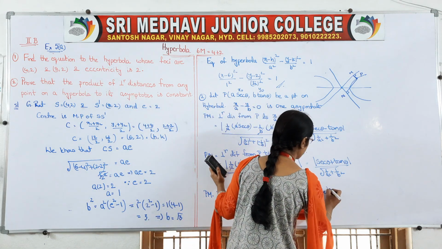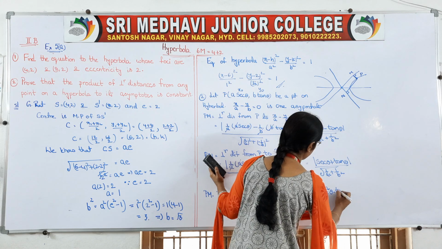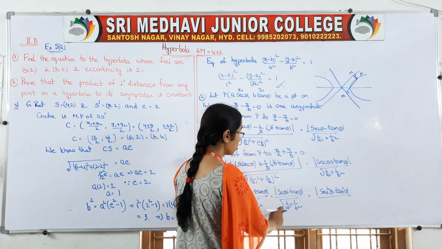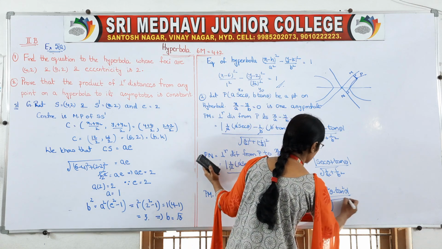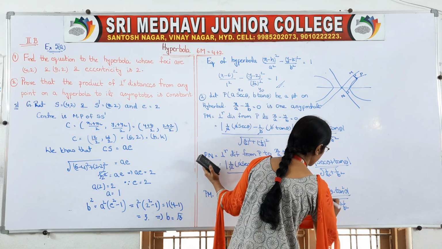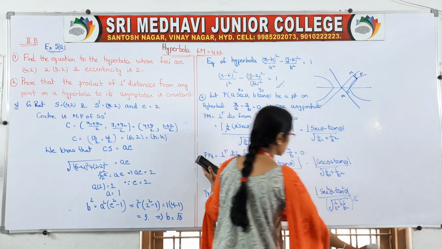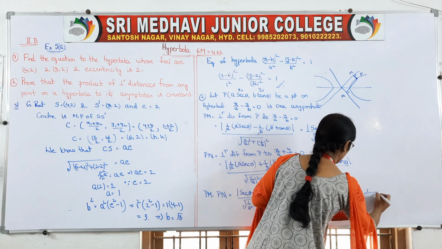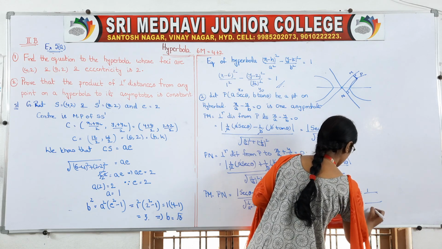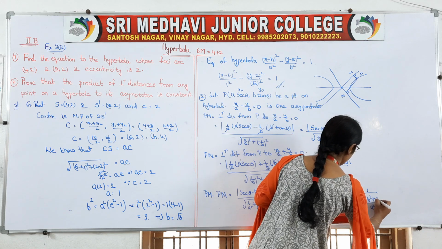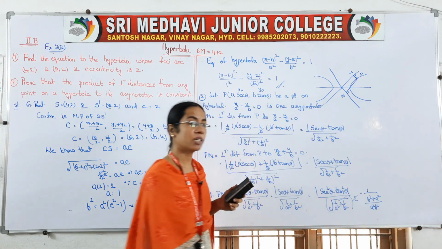So it is secant square theta minus tan square theta by root into root, right? It is a square, 1 by a square plus 1 by b square whole square. Square root cancels, so it is equal to 1 by root of a square b square plus a square.